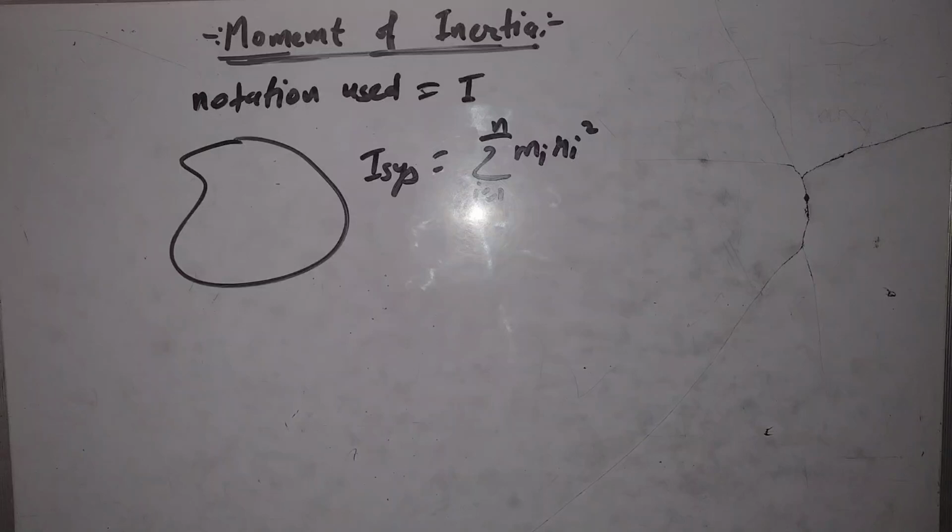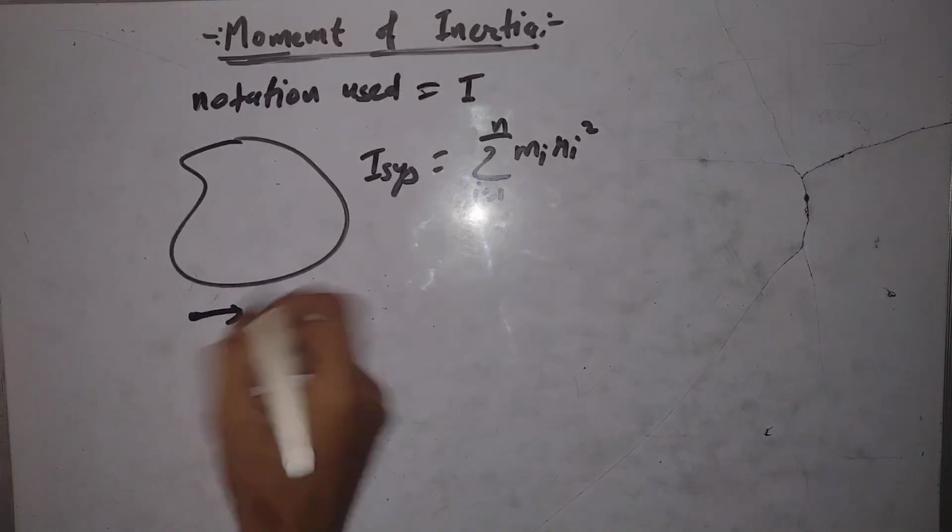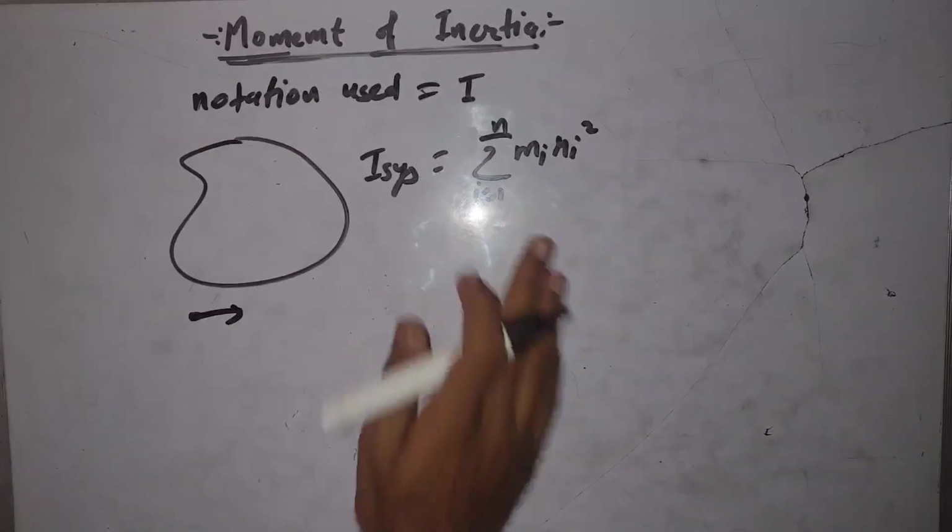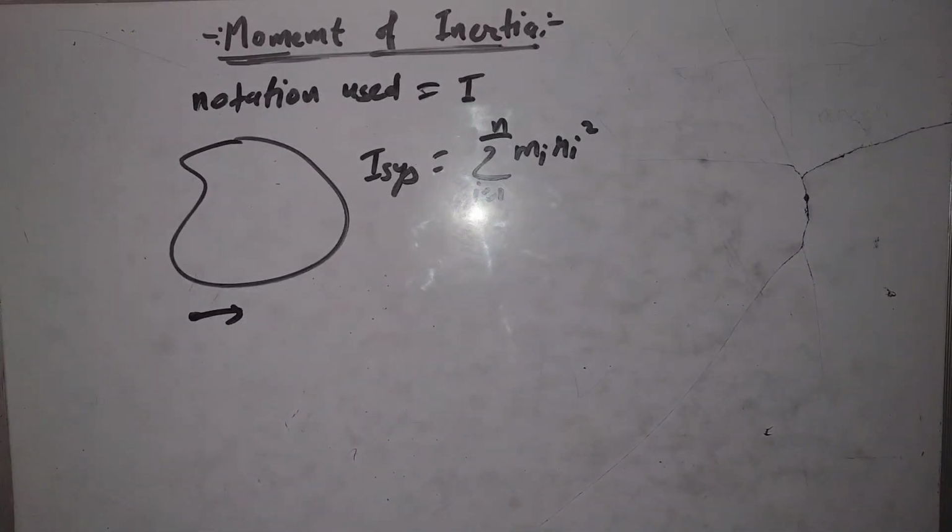What is the concept behind it? What is the physical meaning of moment of inertia? So let's talk about that also. I'm talking about the physical significance. This formula is sufficient for us to find the moment of inertia of every kind of body of arbitrary orientation.